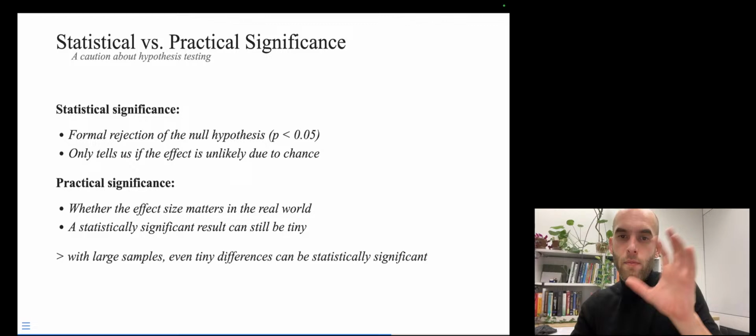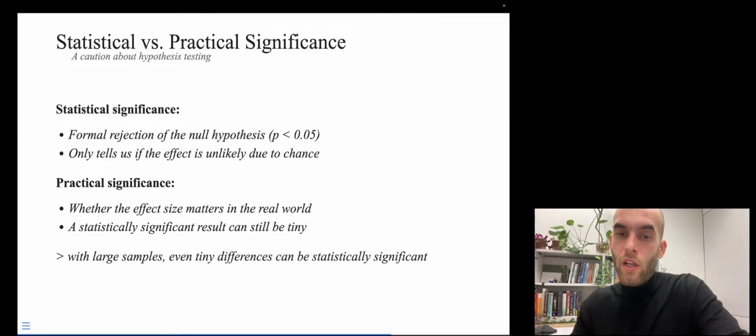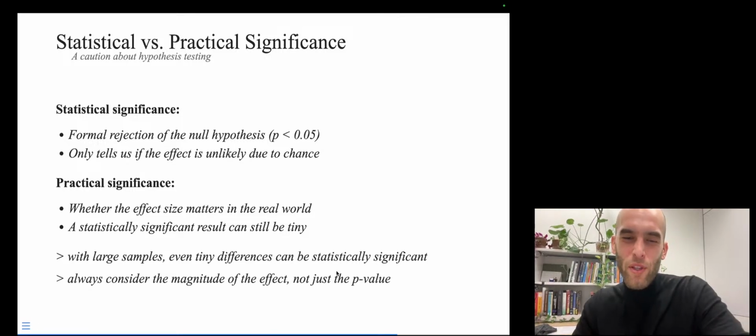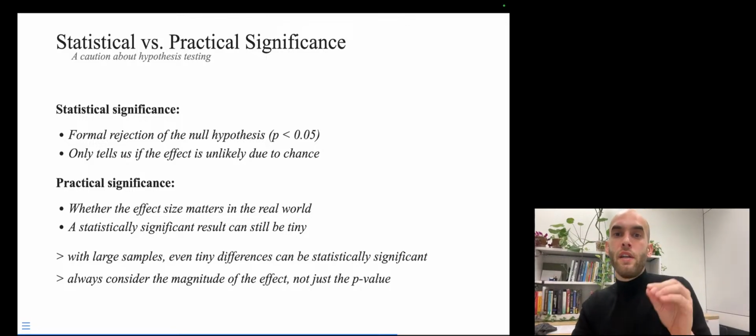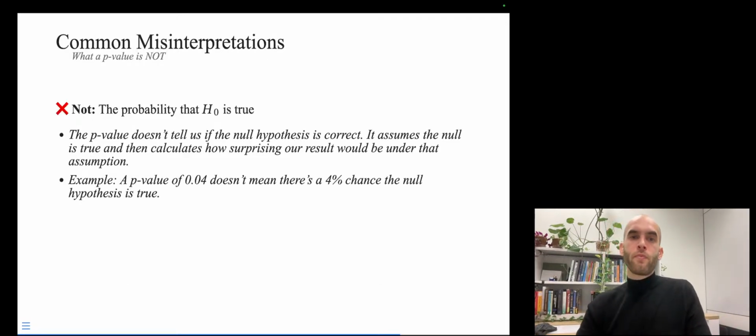It just tells us it's maybe unlikely due to chance. We can find tiny differences with large samples. The main point here is we have to think about whether the magnitude is important and not just the p-value.